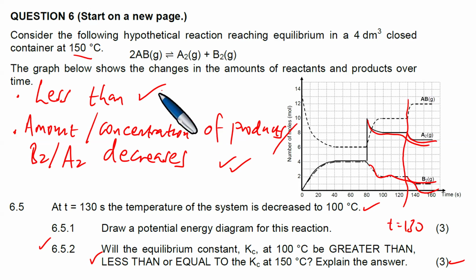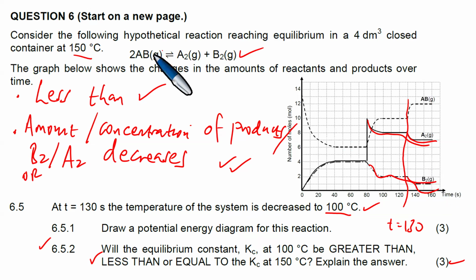So the fact that the concentration of the B2 and the A2 decrease means that if you decrease the temperature, the concentration of the products also decreases. So you can be able to guess if this reaction is endothermic or exothermic, because if the temperature is decreased at 130, the A2 and the B2 go down.